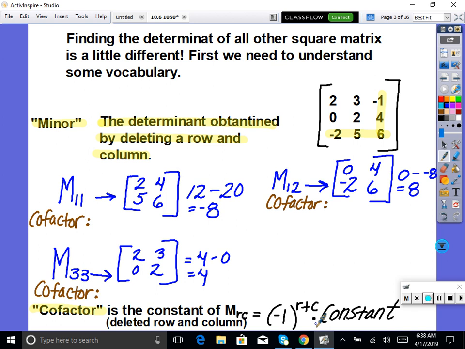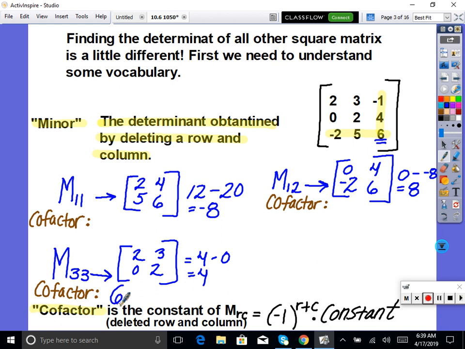So what part here is the intersection of the deleted row and column? What number? 6. Isn't that the intersection of the deleted row and column? So that would be our constant. It's the intersection, so our constant would be 6.